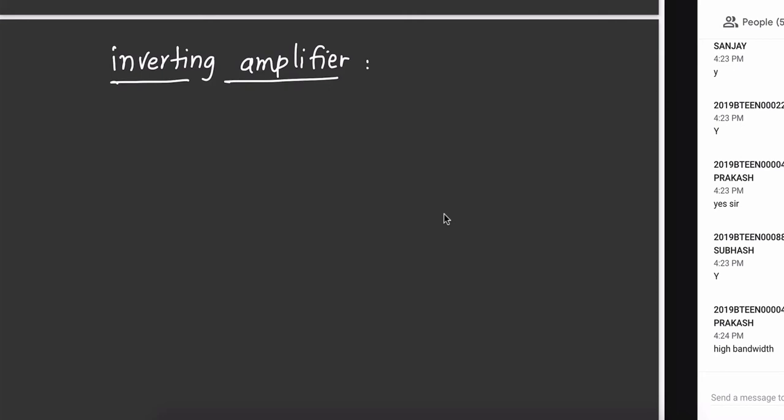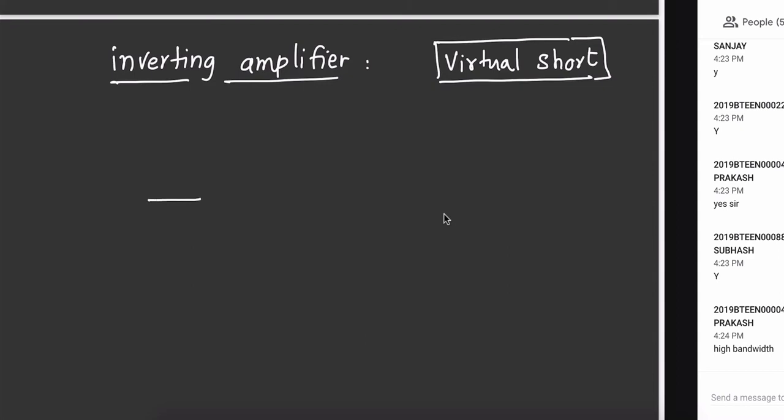Fine. Now we revisit the inverting amplifier which we had studied earlier. Using this inverting amplifier we will try to understand an important concept called virtual short. Let us first draw the inverting amplifier.